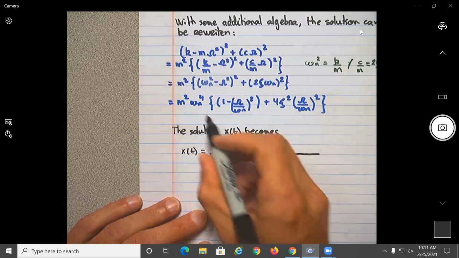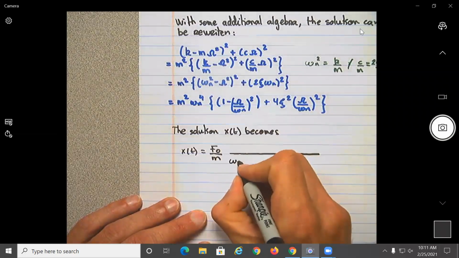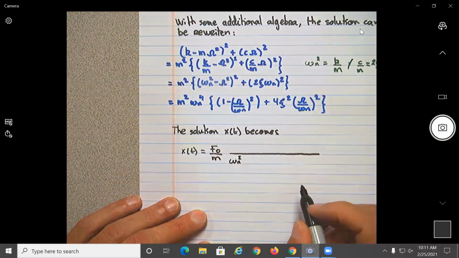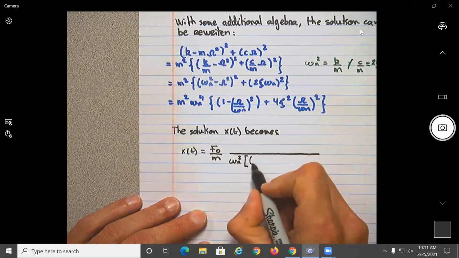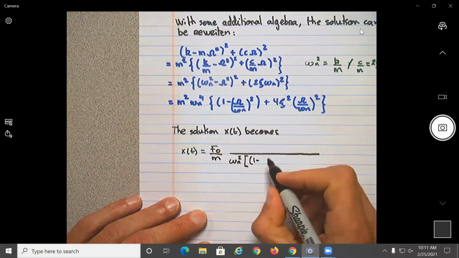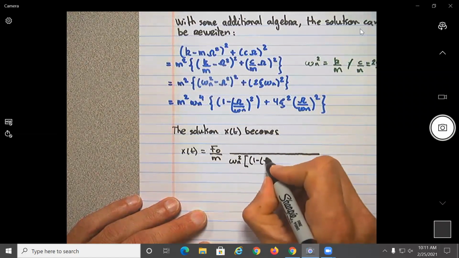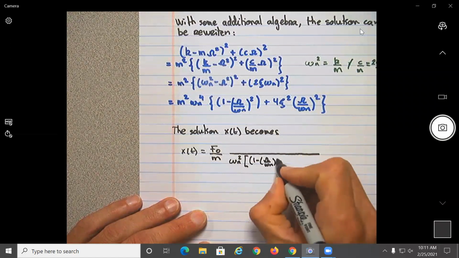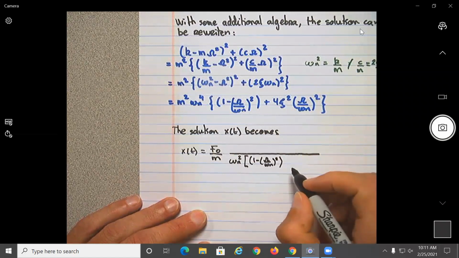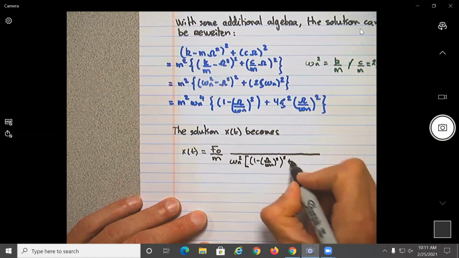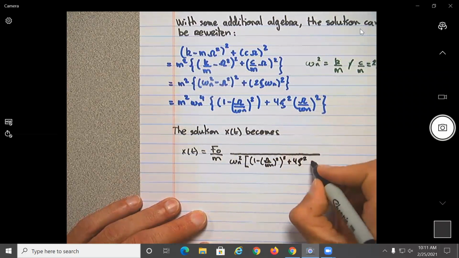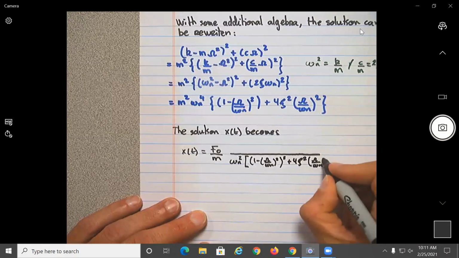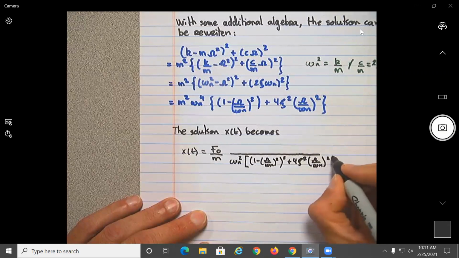So all this term here would be omega n square of 1 minus omega over omega n square, everything square, plus 4 xi squared, just recopying this term now, omega over omega n square.